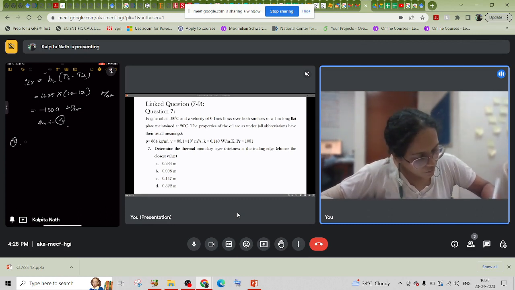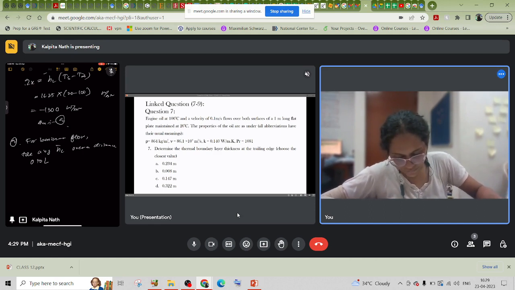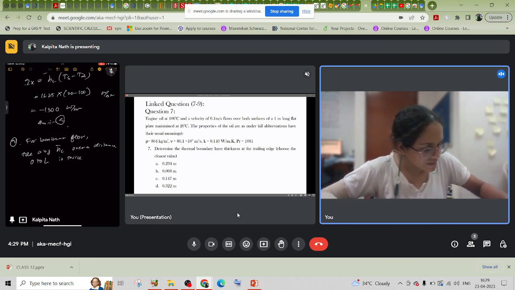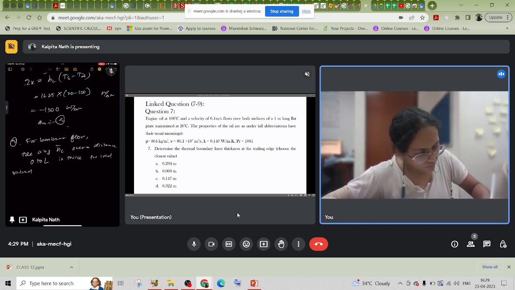As we know, this flow is laminar. So for laminar flow, the average heat transfer coefficient over a distance 0 to L is twice the local value of h.